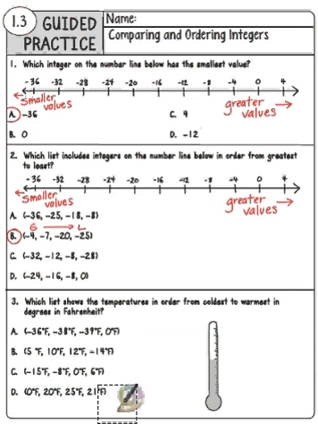All right, next. Which list shows the temperature in order from coldest to warmest in degrees Fahrenheit? So the first thing we want to do is take a look at this thermometer. And on a thermometer, it's a little bit different than a number line. Instead of going right and left, thermometers go up and down.